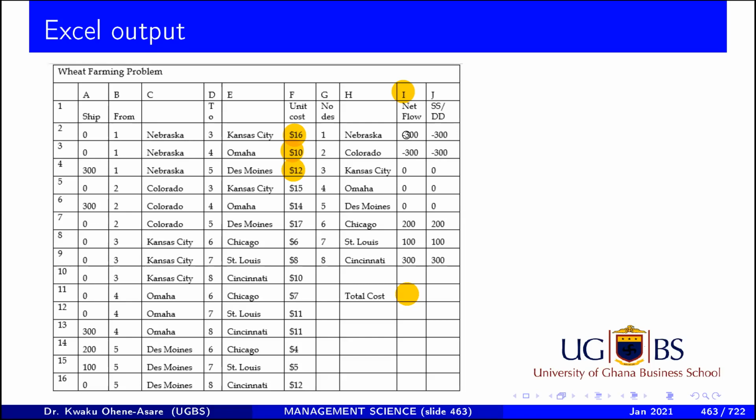Now, if you look at the net flow here, these were the items that we had from Nebraska, and then these were the items. You remember the Kansas City nodes? I told you that the transshipment nodes are no longer going to have values. They will have zeros in the end. So these ones that you are seeing here are like the right-hand side of the constraint.